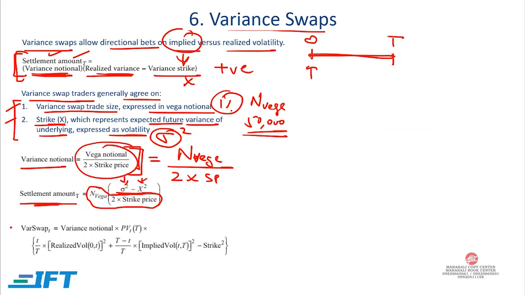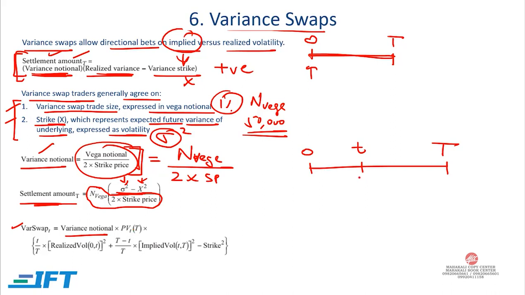The next formula is the variance swap at time t. So let's say that the swap starts at time 0. We are currently at point small t, and the swap expires here at time big T. So the value at time t is given by the variance notional, which we've calculated over here, times the present value factor.